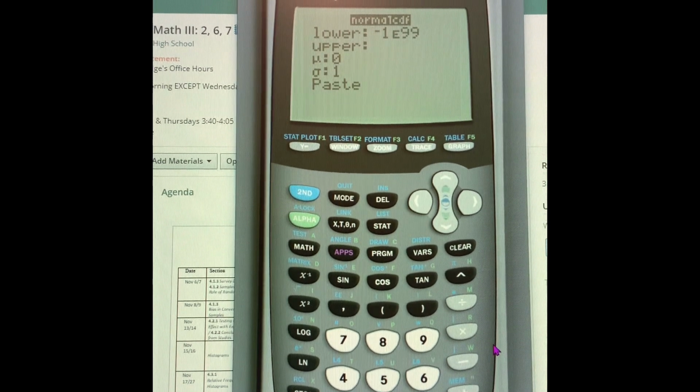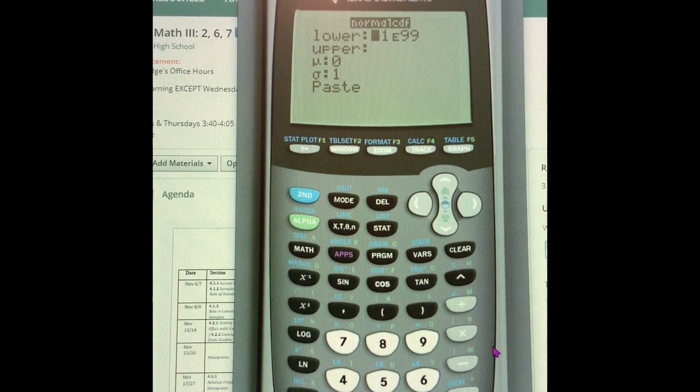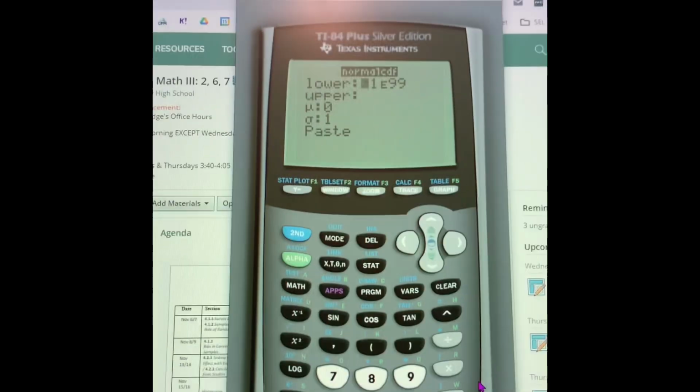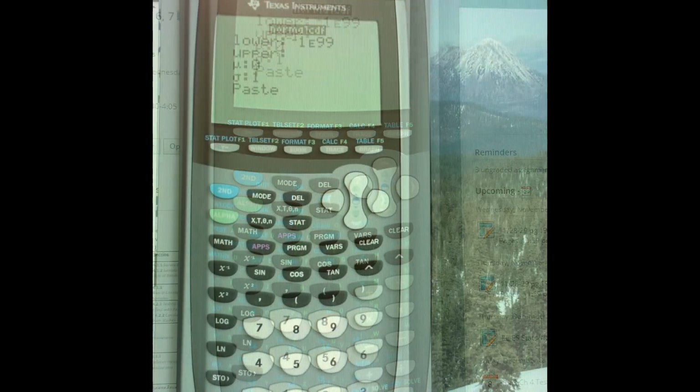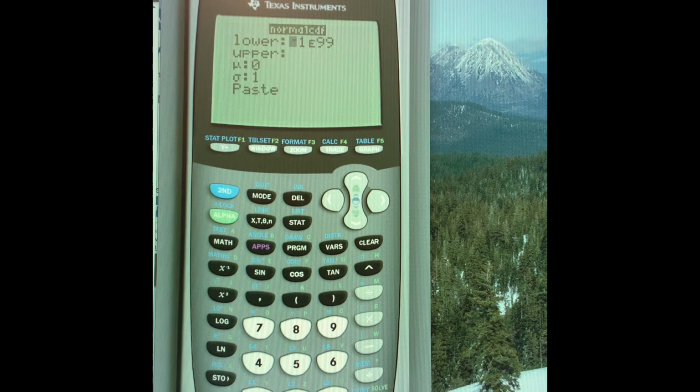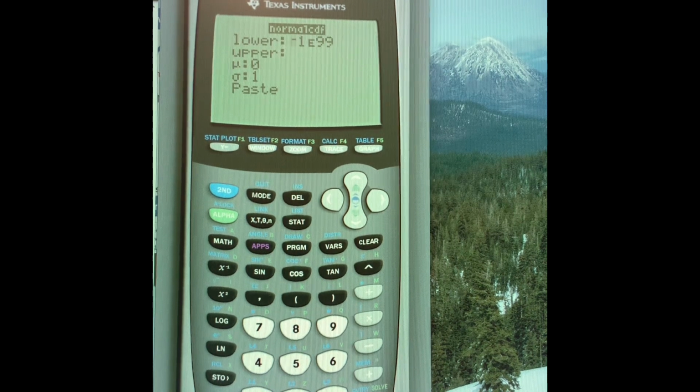Most of the calculators will bring this up. So let me bring up what we were doing. Sorry, I didn't have my numbers that we wrote down. So you have it right in front of you, right? Normal CDF, negative 10 to the 99. So the negative button is down here, this little minus sign. If you use subtract, it's going to say you have an error. So negative 10. This is the caret symbol, the exponent button.